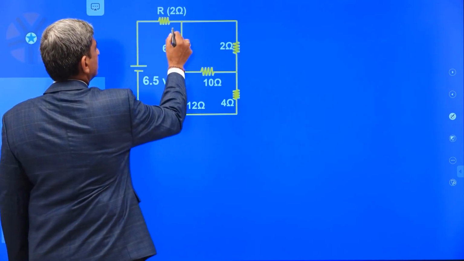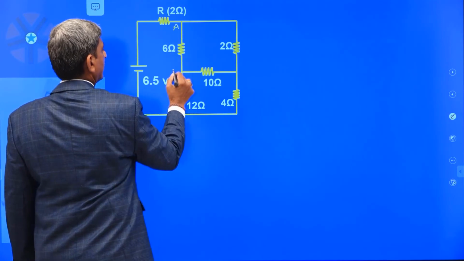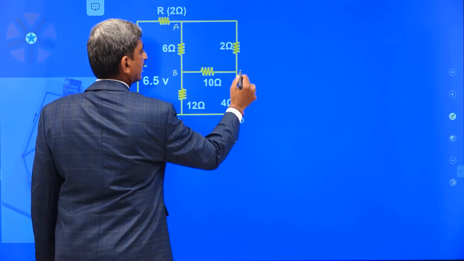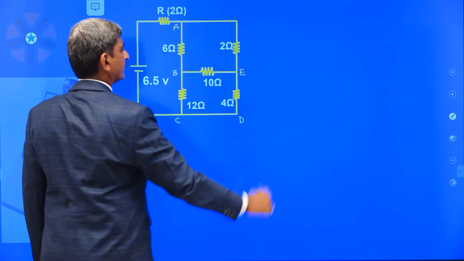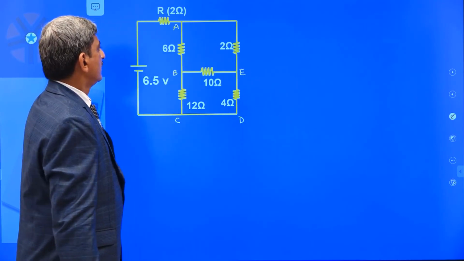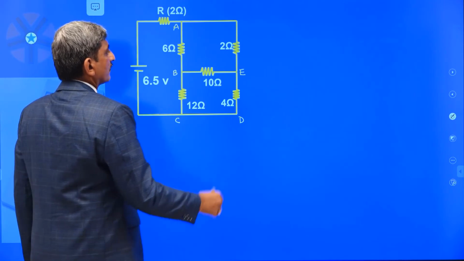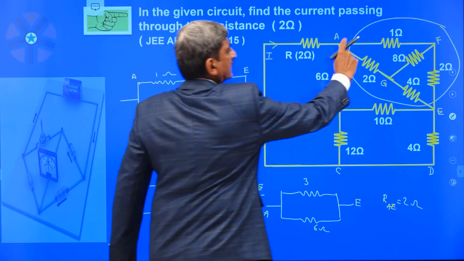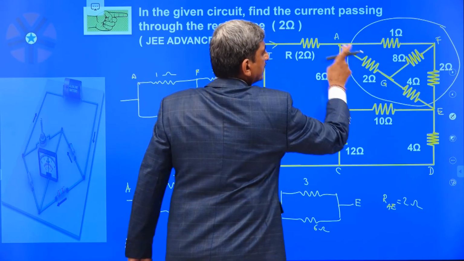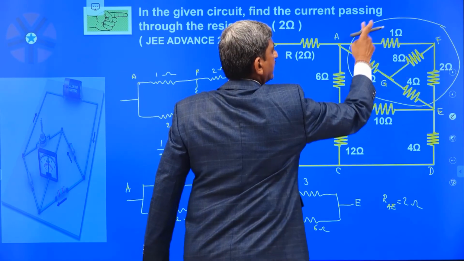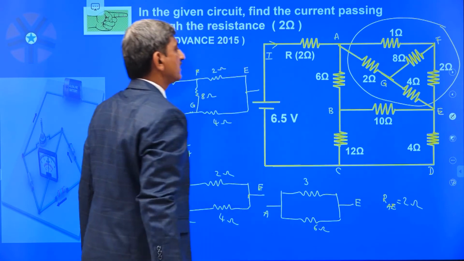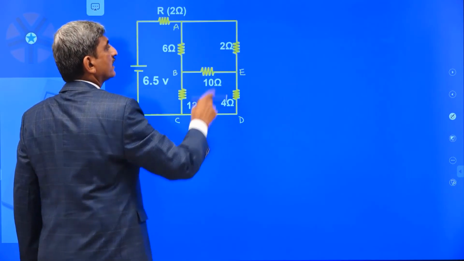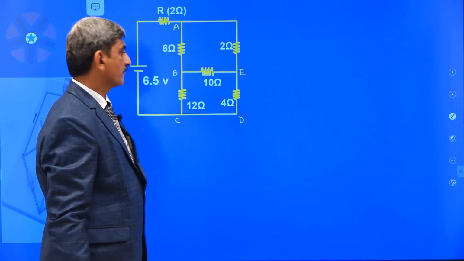Here this is A, B, C, D, E. Now the entire network between this AE part is replaced by a 2 ohms resistor here.